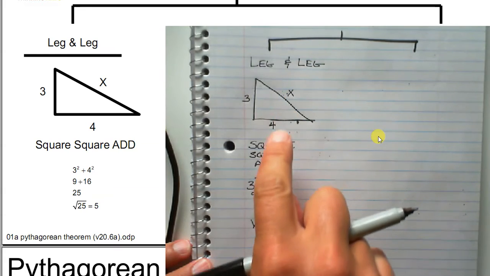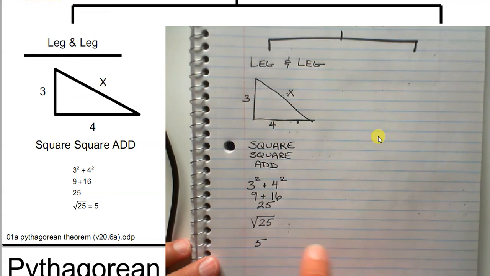So that's how I do it. If I have a leg and a leg, I do a square, square, add, and then I take the square root.